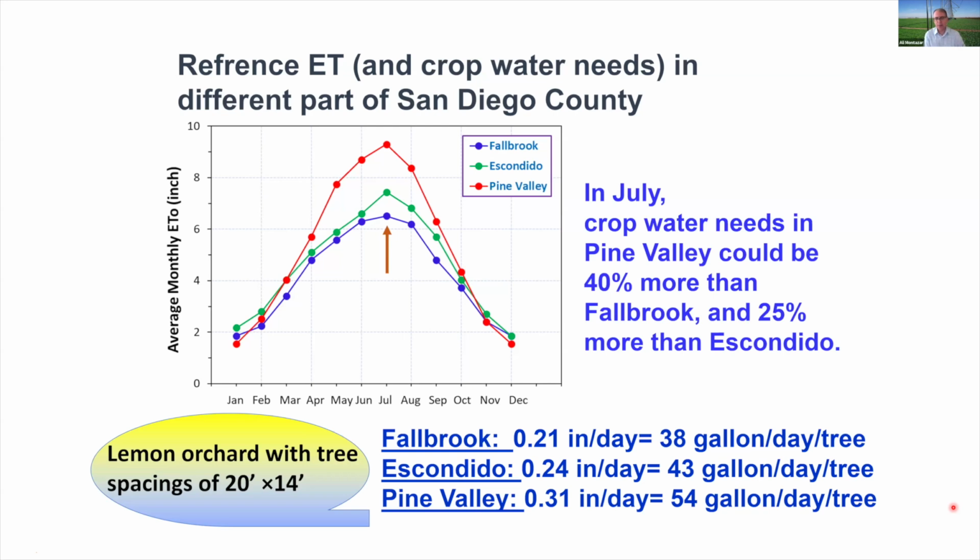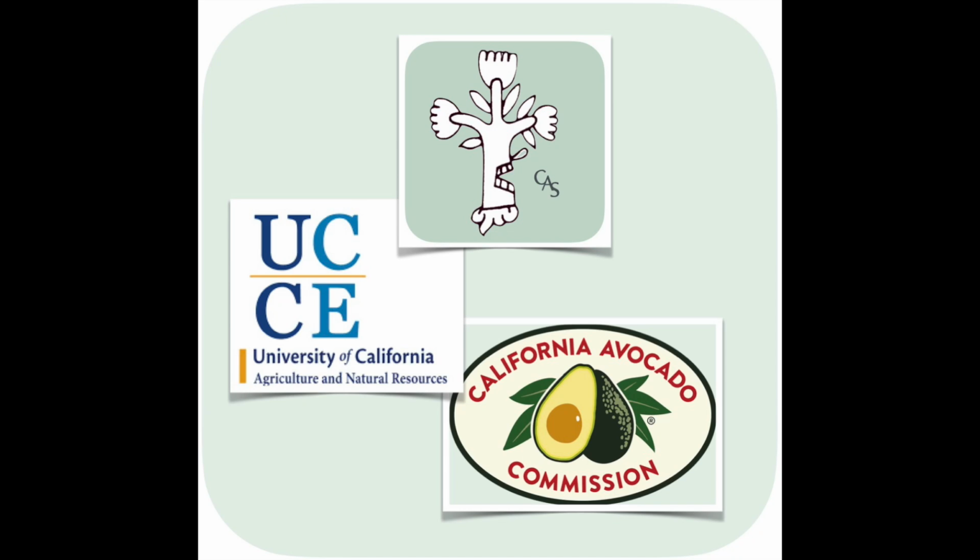Let's talk about lemon. We might have lemon in all these areas. So we have a lemon orchard with tree spacing of 20 by 14 feet. This is our best estimation for lemon.